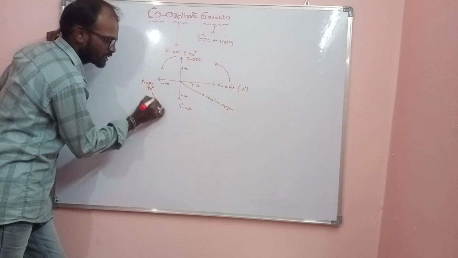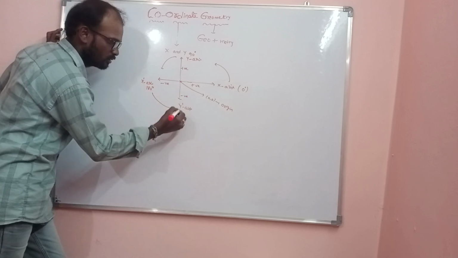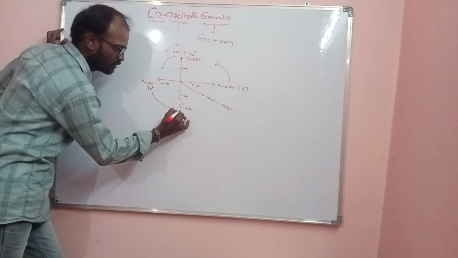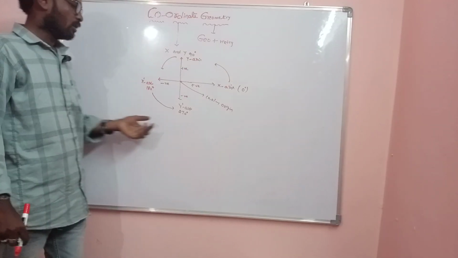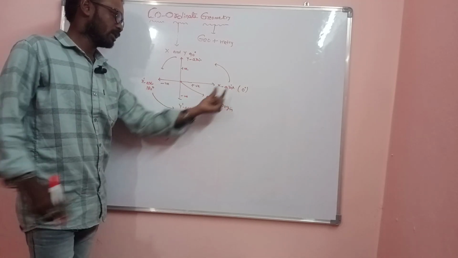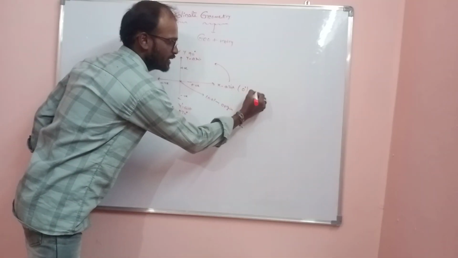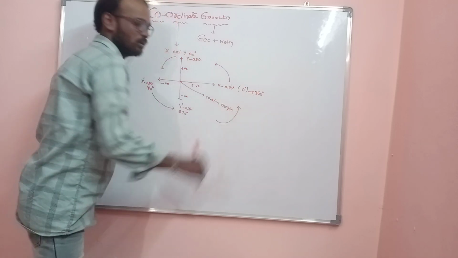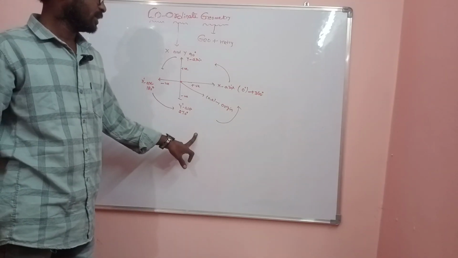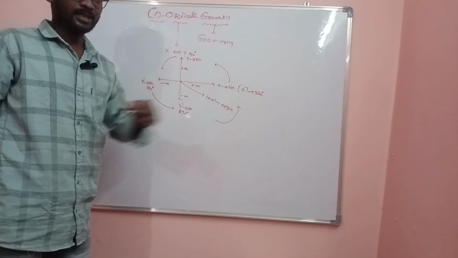Next, the y dash axis is 270 degrees. Next, from 270 back to 0, that means 360 degrees, also in the anti-clockwise direction.